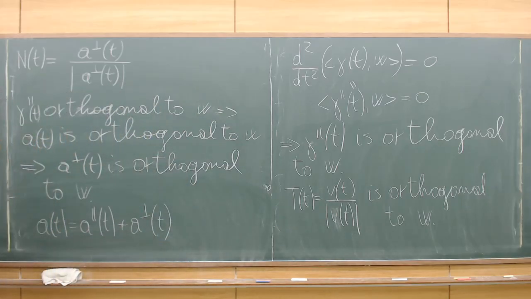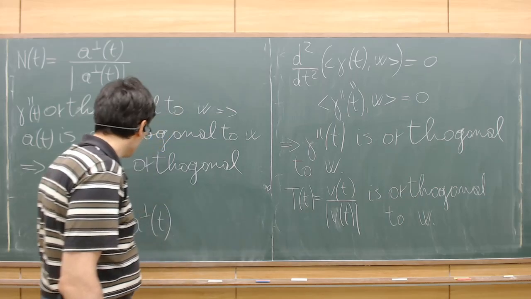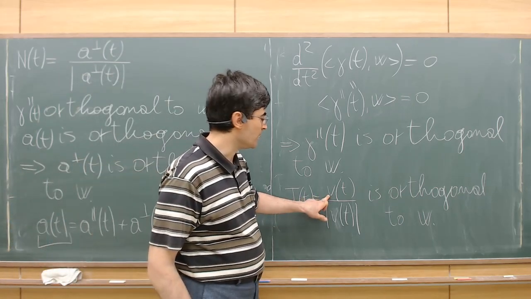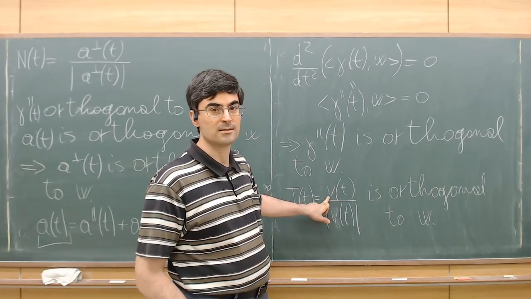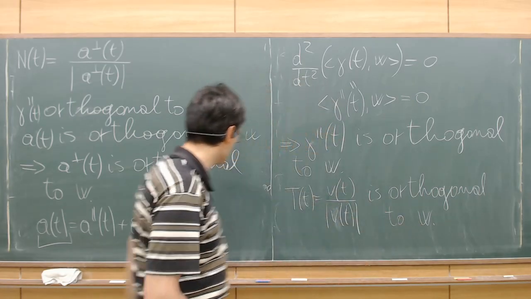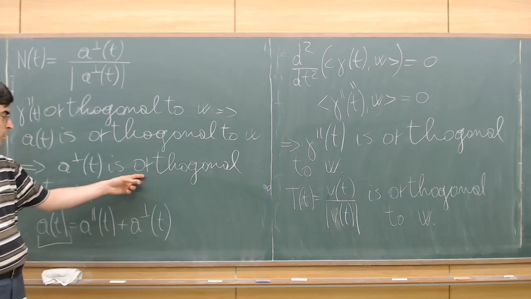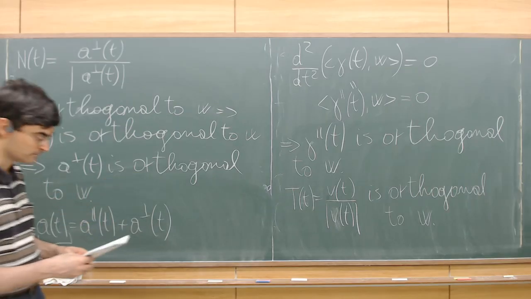So we know that this vector here must be orthogonal to w. This vector here is also orthogonal to w. Why? Because A parallel is parallel to V. But V is gamma prime, and gamma prime is orthogonal to w. So this forces also A orthogonal to be orthogonal to w.